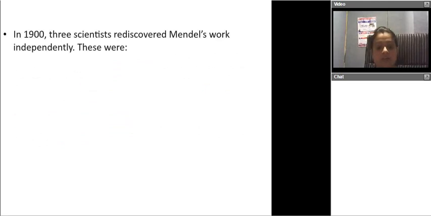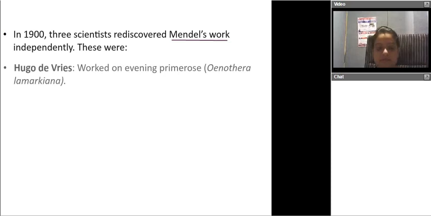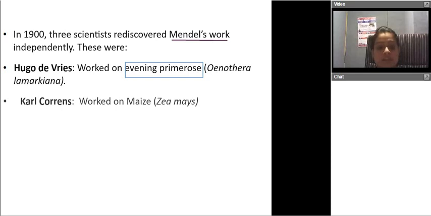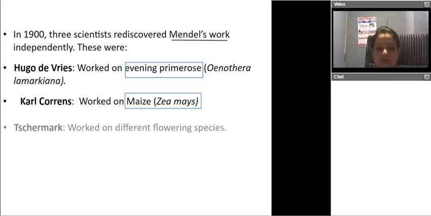In 1900s, three scientists rediscovered the work done by Mendel independently. The first one was Hugo de Vries. He discovered it while working on an evening primrose. The second scientist was Carl Correns, who worked on maize and found the work of Mendel.